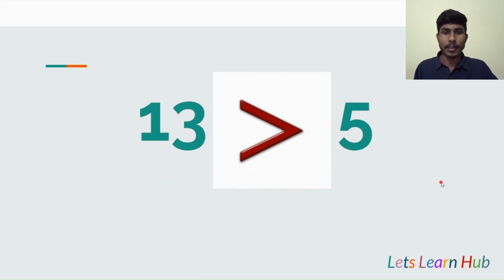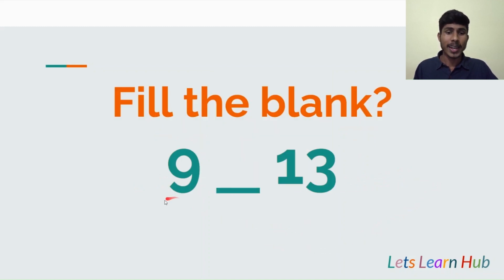And in our next example, we got 9 on the left side, 13 on the right side. And we need to fill this blank with right symbol. And see which one is bigger here. See, we got 9, which is a one digit number on the left, and we got 13, which is a two digit number on the right. Since two digit number is more than one digit number, so 9 is less than 13, right?